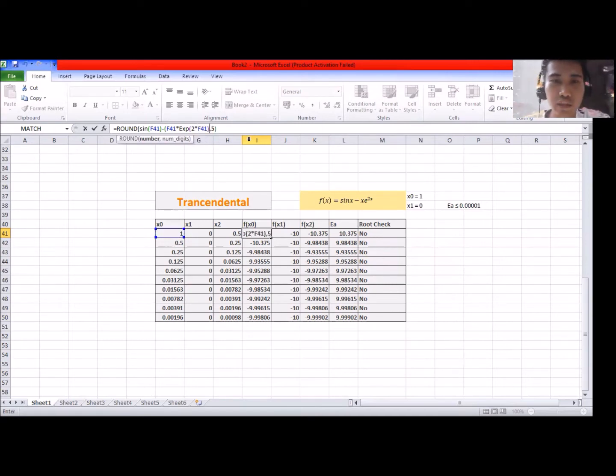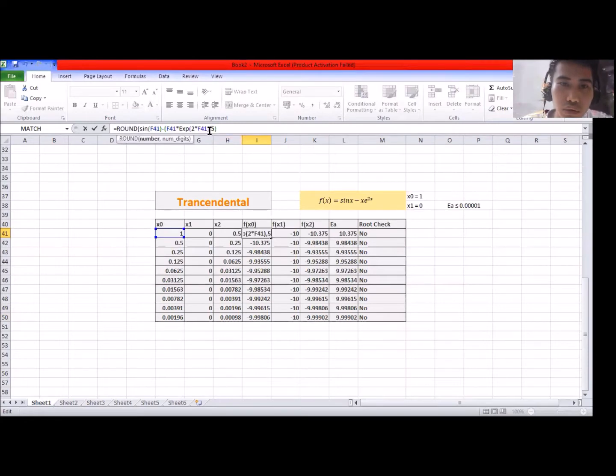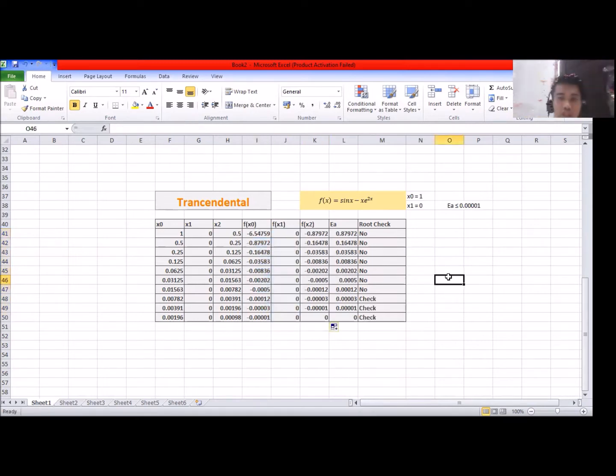Then you will get the initial value of 6.0 here. Okay, now we get the iteration. Let's write iteration here.